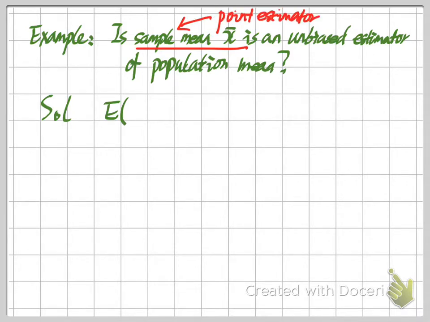To compute this, we plug in the definition of x bar, the sample mean. The sample mean is the summation from i equals 1 to n, assuming we have n observations, as the numerator, divided by n, the number of our observations.